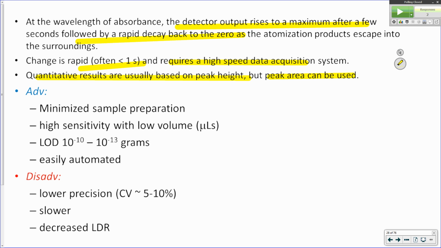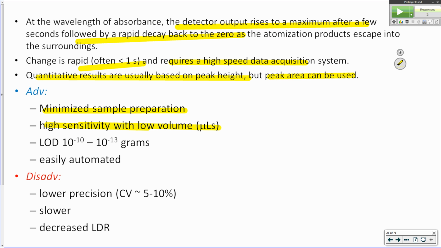Now, the advantage to this is that there's a little bit less sample preparation. If you've got a semi-solid or even a solid material, you can deal with it, not a problem. You just have to manually put your sample in there with tweezers. If you don't have very much sample available, because we only use microliters at a time in the analysis, it's highly sensitive. With the flame instrument, you need a minimum of 10 mL of sample, and usually you have at least 100 available to you.